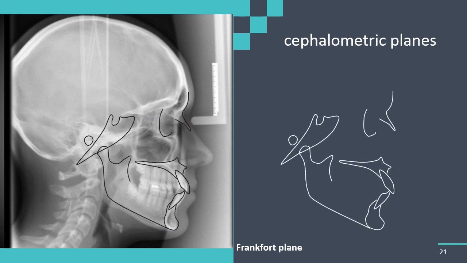Another plane is the Frankfort plane, which connects the porion point and the orbitale, or the point at the inferior orbital margin. This is the Frankfort plane.